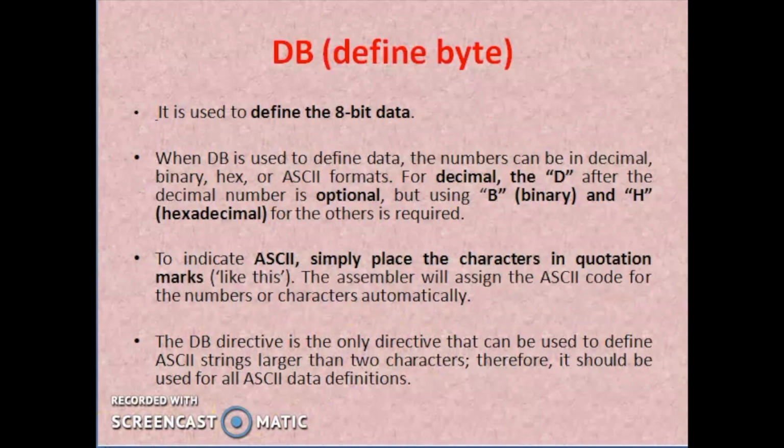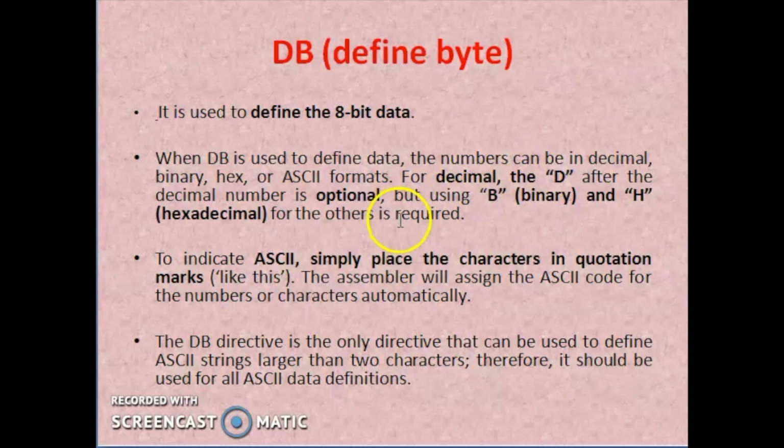Now, what is defined byte? It is used to define an 8-bit data. It can be in decimal form, binary form, ASCII, or hexadecimal value. If the number is followed by the letter D, or if you are not writing any letter after the number, it is read as a decimal number.